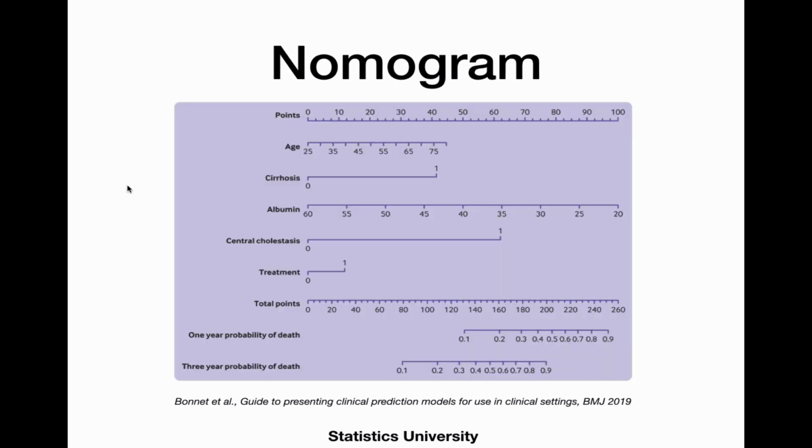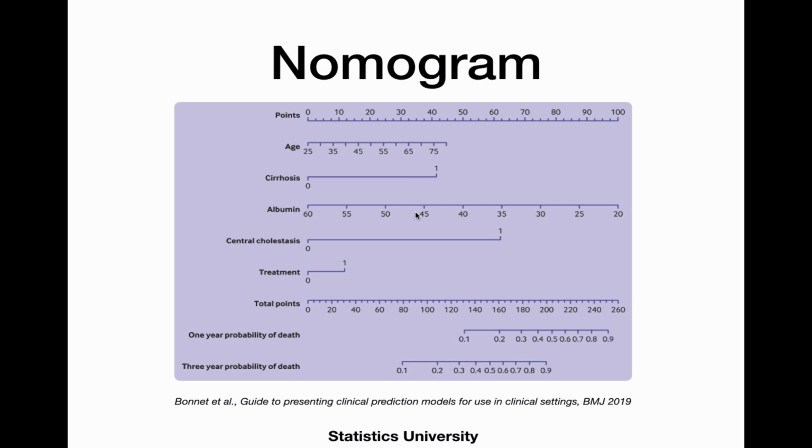The nomogram is also a graphical display of the prediction rule, where here on top we see the number of points that can be awarded for each variable, ranging from 0 to 100. And then per variable we need to read off the number of points on this ruler. So for example, a patient with age 50 gets 20 points for his or her age, and someone with cirrhosis gets around 40 points.